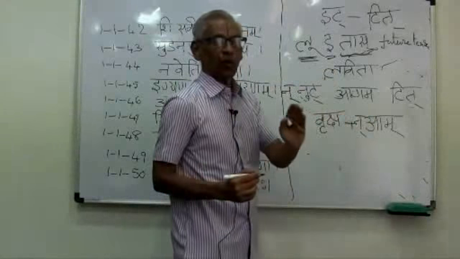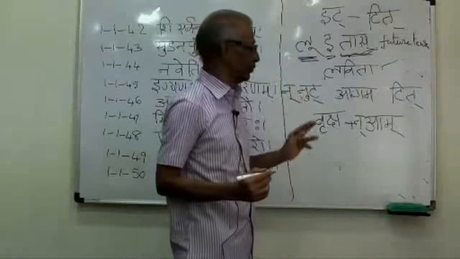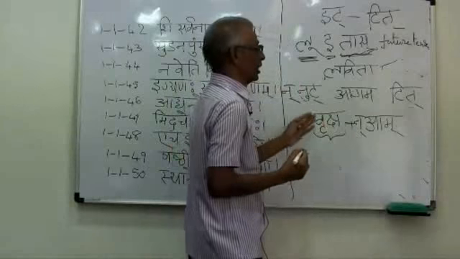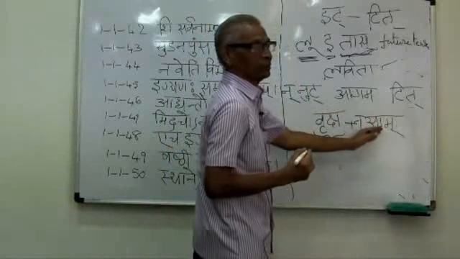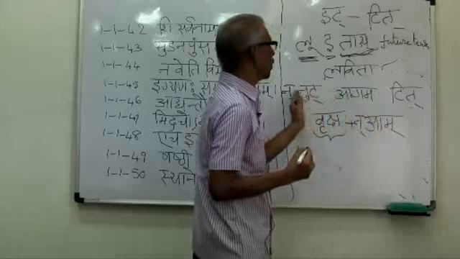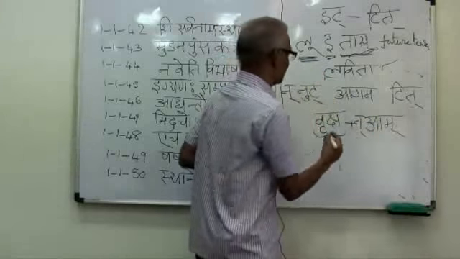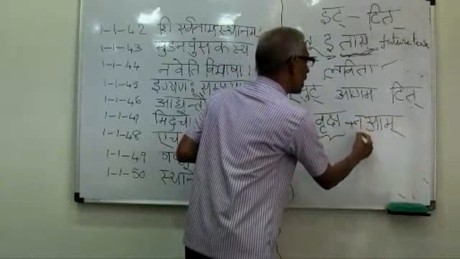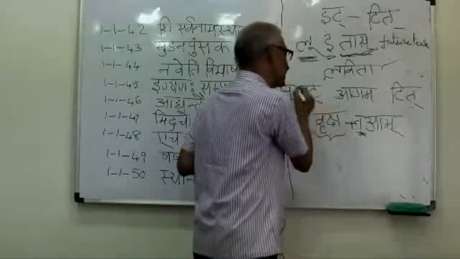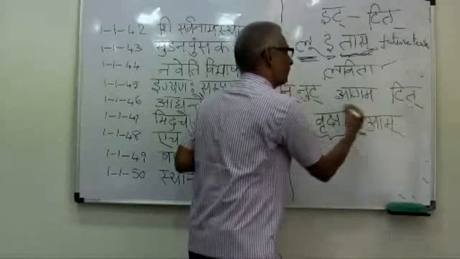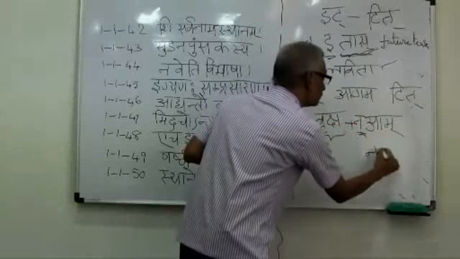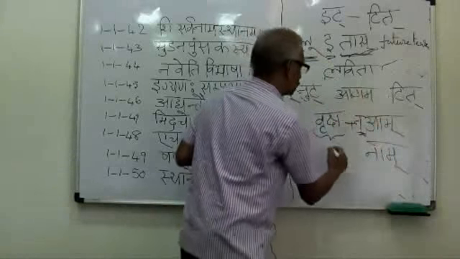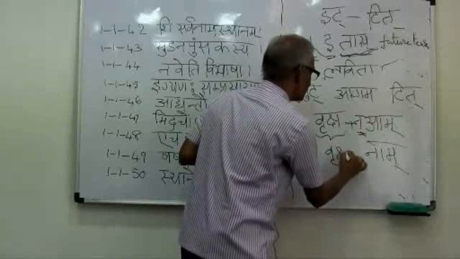Hrasva nadyapo nut is the sutra imposing this nudagama. This is hrasvanta shabdaha. Am. Ami pare nudagamaha bhavati, iti sutra. So here ruksha plus am, this nudagama is imposed because it is tit. It comes before this am, so it will become nam. Nakara plus am, nam. So ruksha plus nam.